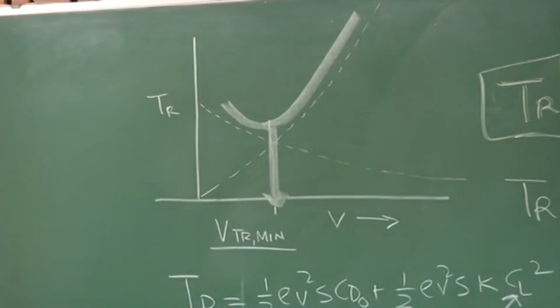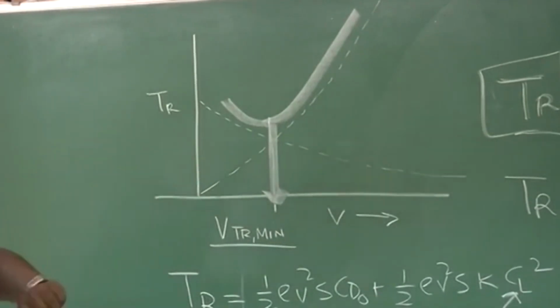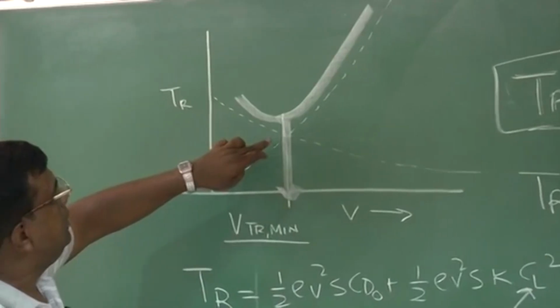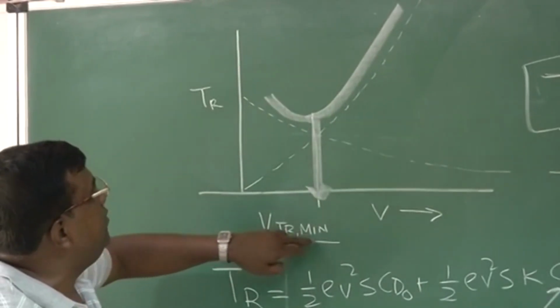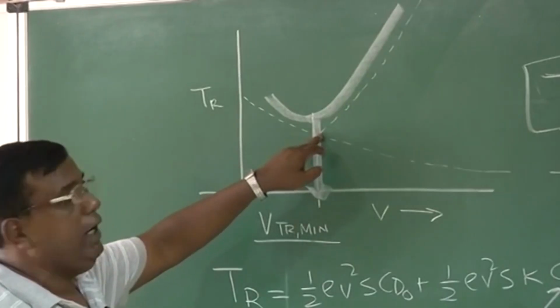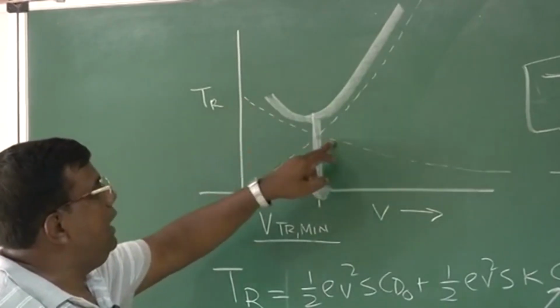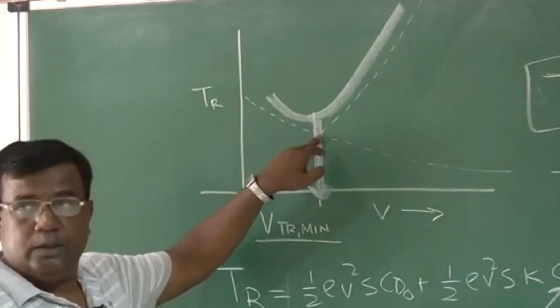See, by drawing this, I have almost given a message that the V for thrust required minimum will be somewhere at the point where the parasite and the induced drag intersect.